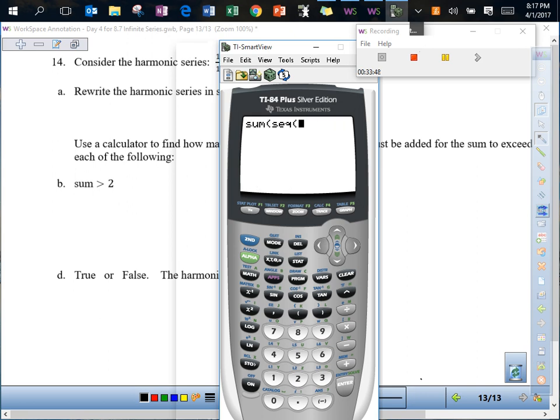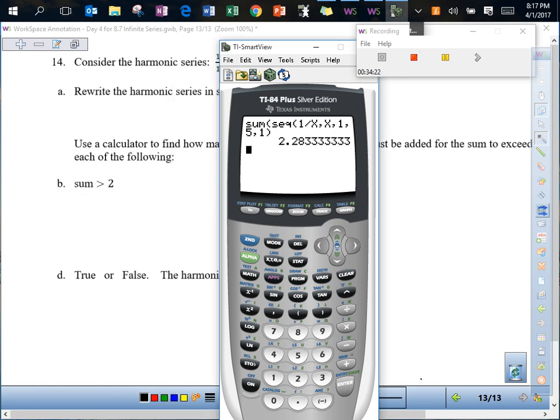In the first spot goes the formula that we're using, which is 1 divided by x, comma, and x, every time, the formula that you're using, comma, a 1, because that's where we're starting. Now, here's the one that you'll change over and over and over. So we need to guess how many. So guys, for now, I'm going to type 5. It's just a guess. Comma, 1. Now remember, I'm trying to beat 2.